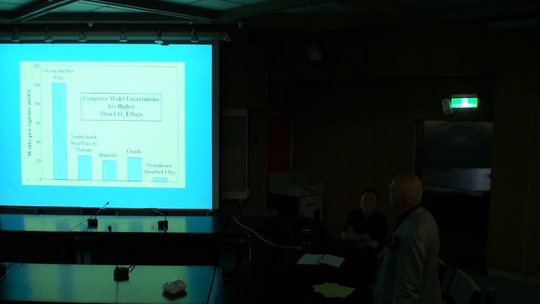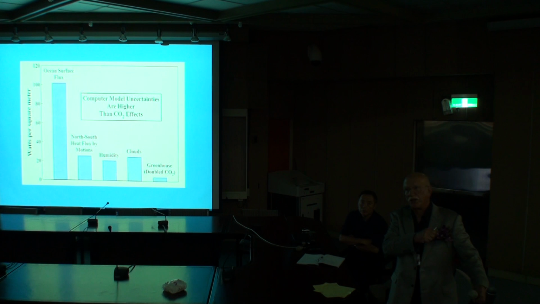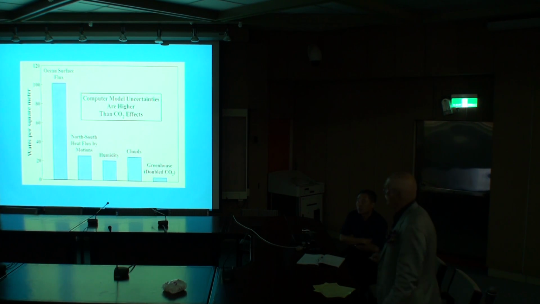This is a slide that says, gee, what would the impact be in terms of heating up the Earth, here in watts per square meter, if you doubled CO2, if you doubled it, okay? Well, here would be the effect. What are these over here? These are the uncertainties in several of the models that are being used.